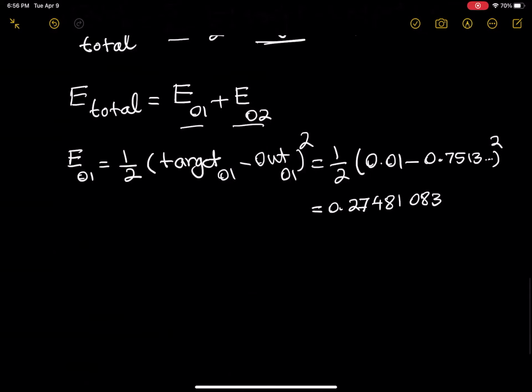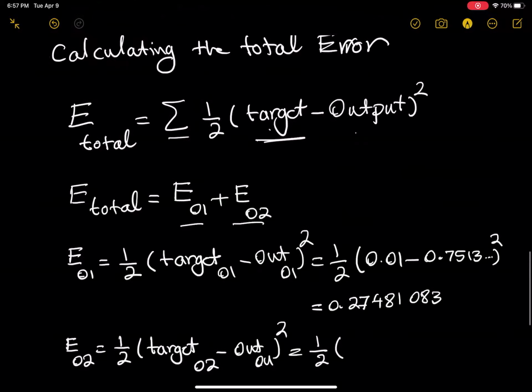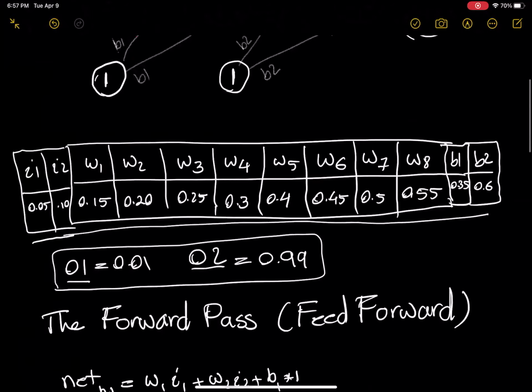And by the same token, you can calculate the second error, which is E of O2, equal to half of target of O2 minus out of O2, to the 2. This is exactly the same process. So half of, what was the error here? 0.99, right?